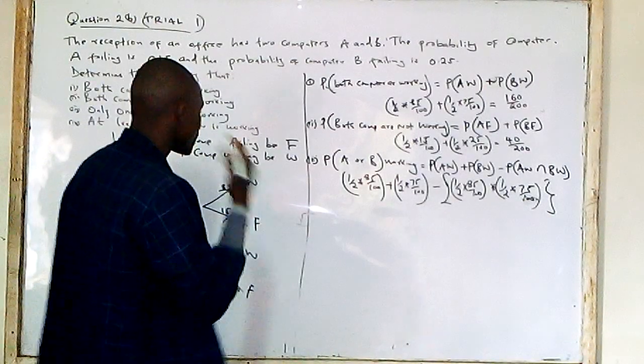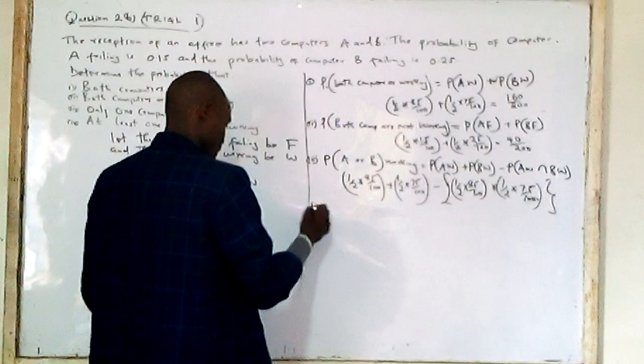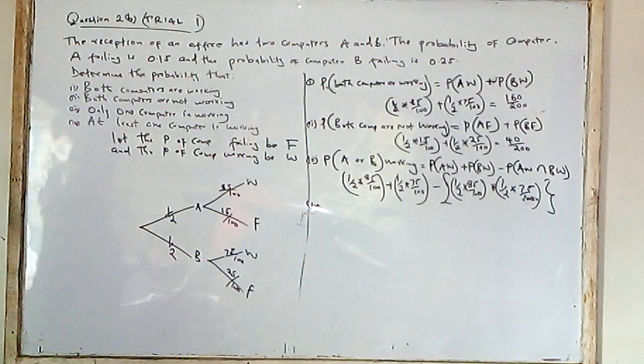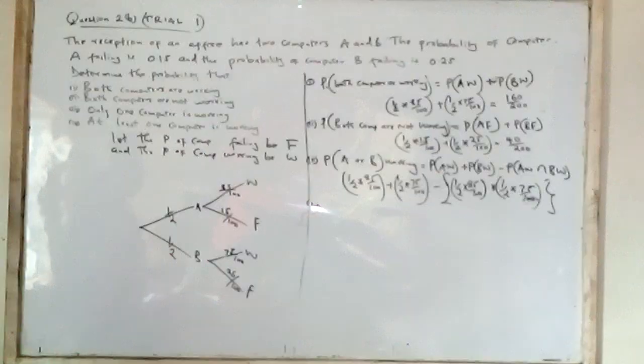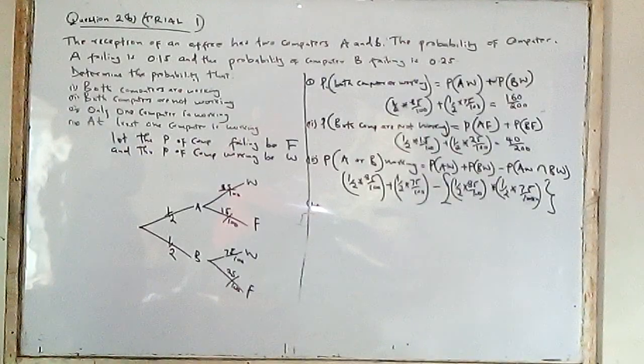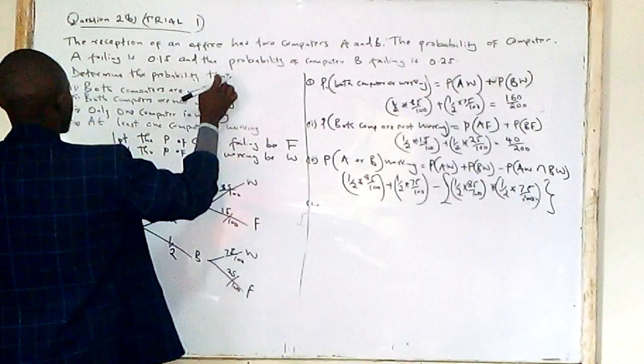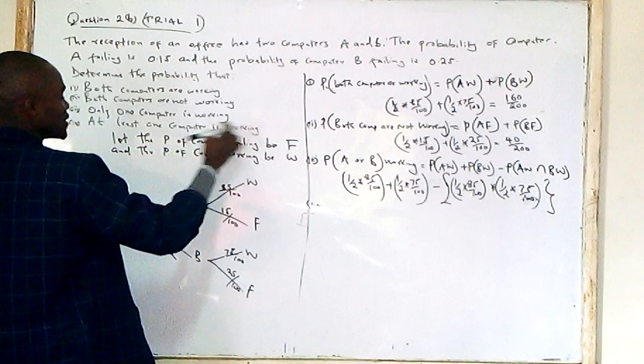And then Roman number 4. Determine the probability that at least one computer is working.